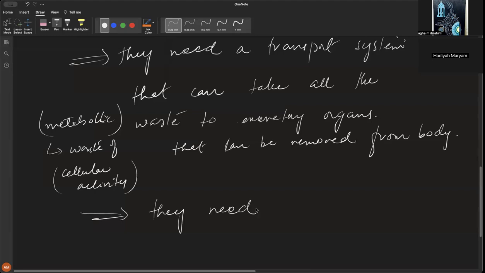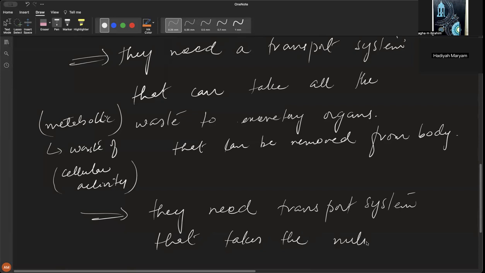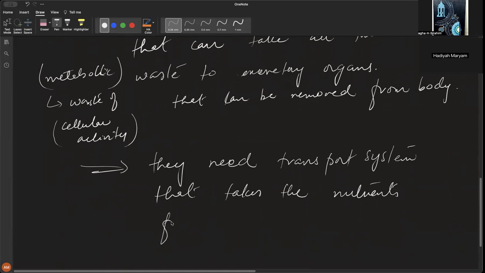Or parallel to that, they also need a transport system that takes the nutrients to each cell, right? To each cell, because the cell is not in direct contact with the environment, it cannot directly take oxygen and all of those things from the environment.